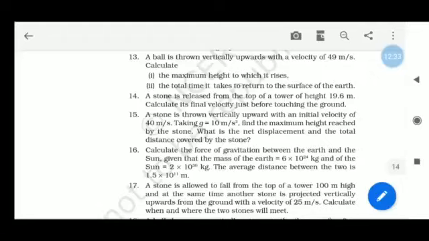First, you have to know that a ball is thrown vertically upwards with a velocity of 49 meter per second.